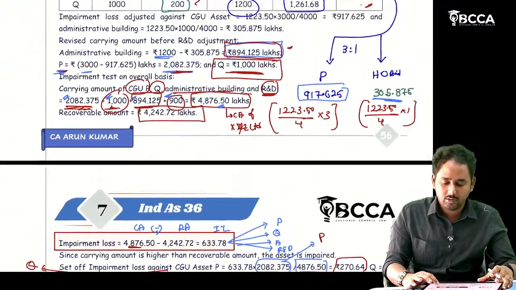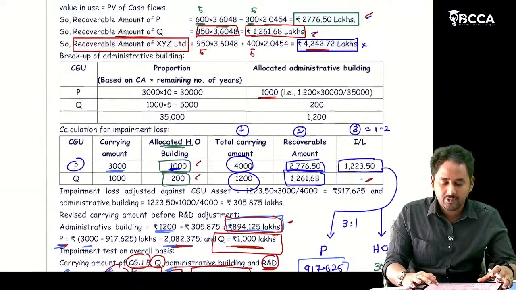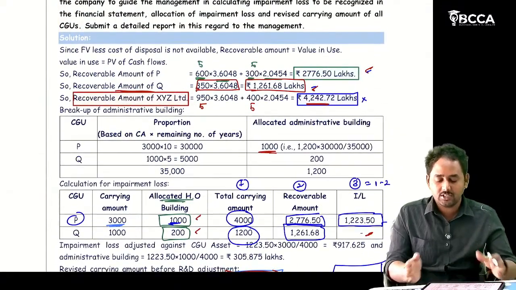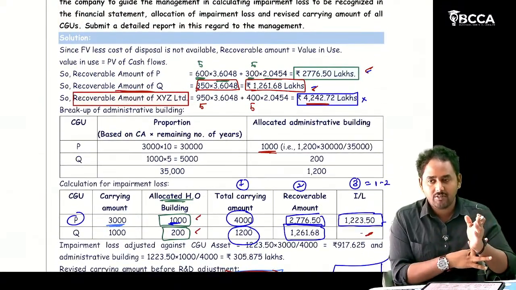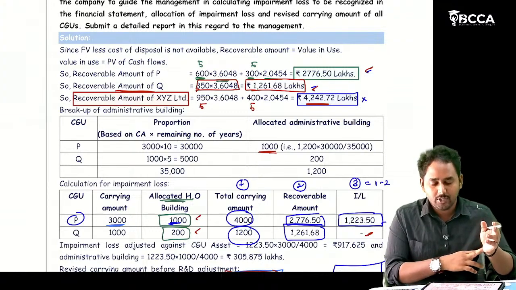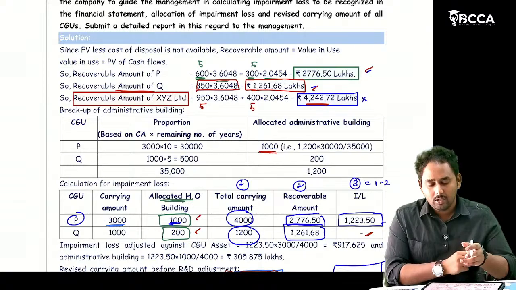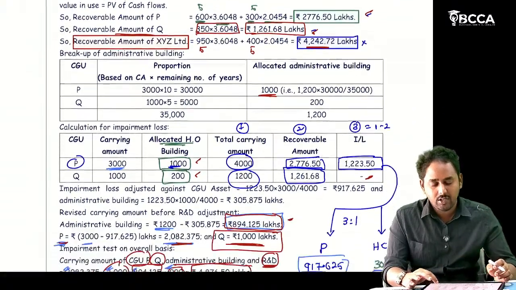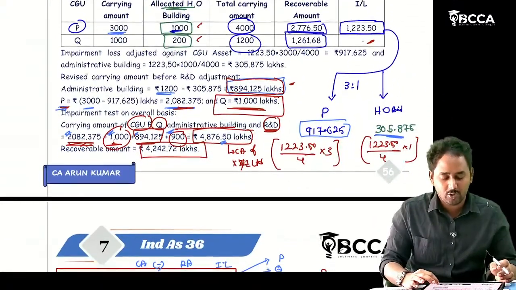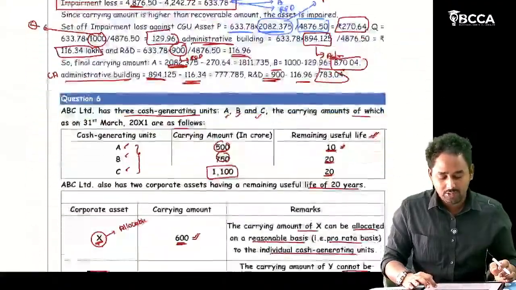So what is step 1? Calculation of the impairment loss for the CGU, and after that, after allocation of the allocable corporate asset, I need to find out the impairment loss for the entire organization. That impairment loss should be allocated to all the assets.